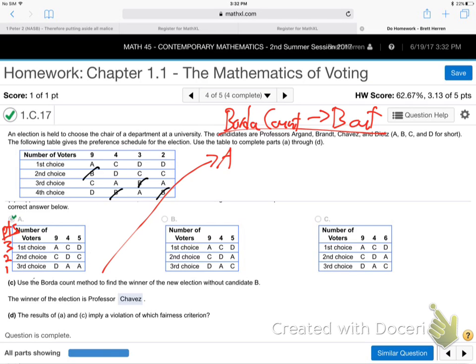So you get 3 points for first place, then 2, then 1. Okay, so how many does A get now? 9 times 3. Good. Can you keep going? Can you get the rest of A? These 4 people put A last, 1 point.